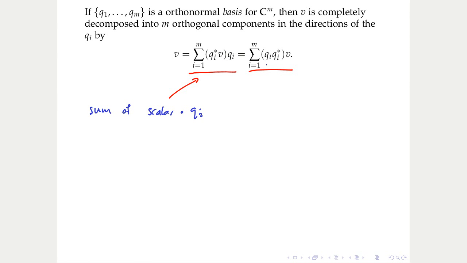But we can write this equivalently as qi star times v. How do we do that? This term here is just a constant, so we pull it out to the outside. So we've got q1 star v, q1. Because this is a constant, we can move it to the other side of q1.